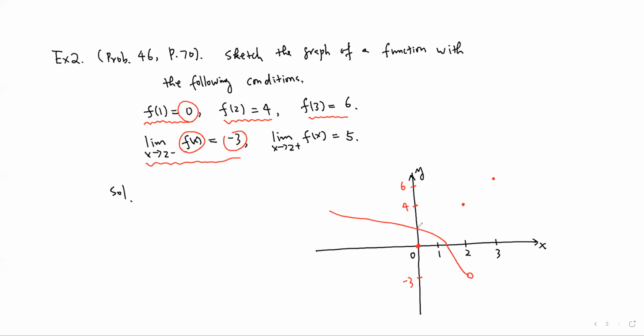And also this point on the graph is not the function value. f at 1 is 0. So the solid point should be here, not here. Let me erase.